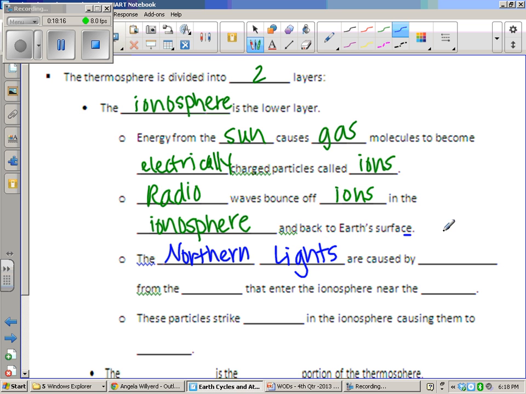And they're caused by particles from the sun that enter the ionosphere near the poles. So these particles strike atoms in the ionosphere and cause them to glow.